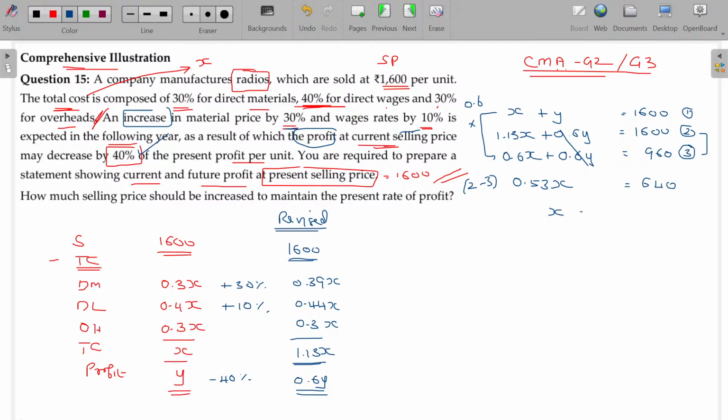Get me x here. 640 divided by 0.53. What is the value? 1207.5. This is the total cost. Is that okay?